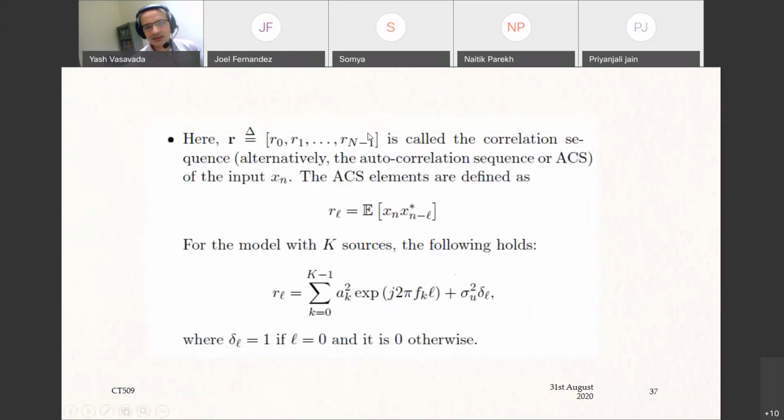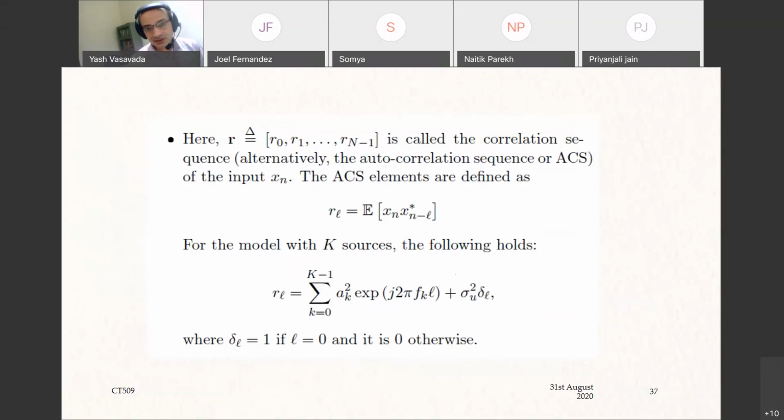This is the identifying mark of the matrix. All the other rows or columns are just either one of these terms or the complex conjugate of those terms. So that sequence R0 to R N minus 1 is called the correlation sequence of the input.